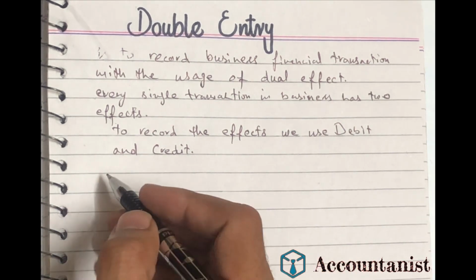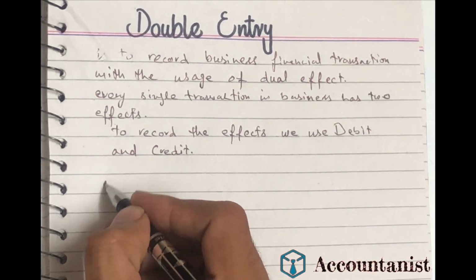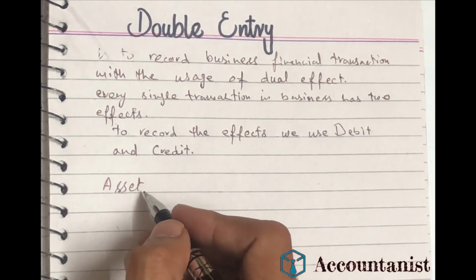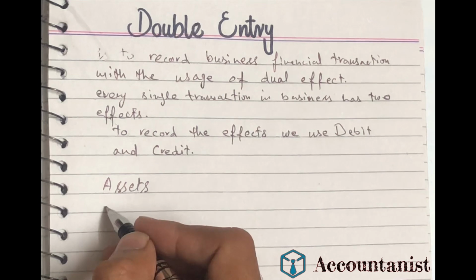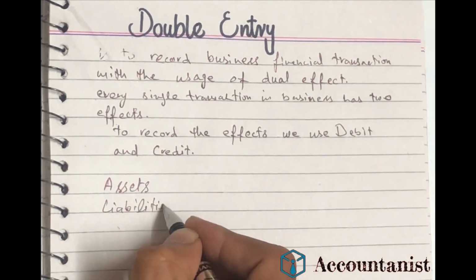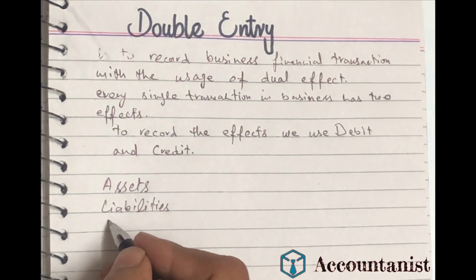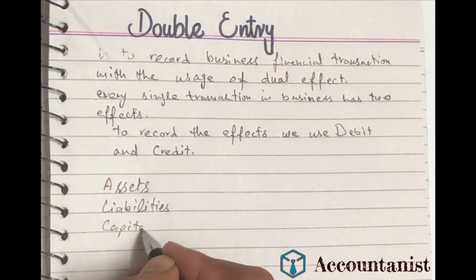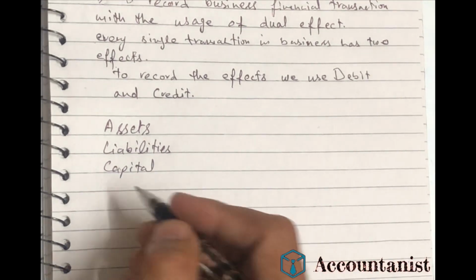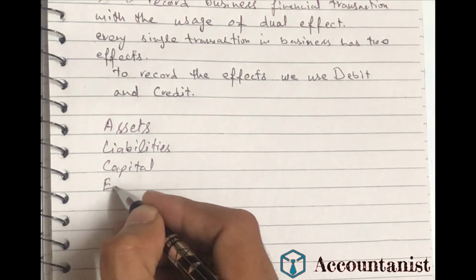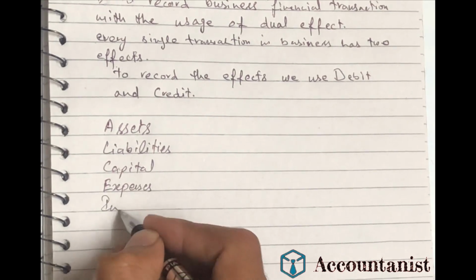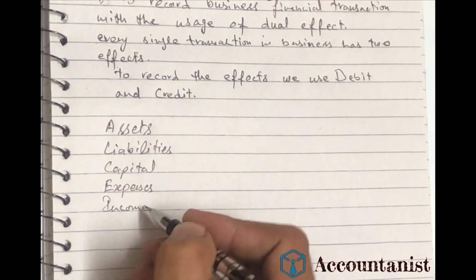For that, I would revise again the elements that we have in accounting. The number one are assets, the second one is liabilities, third one is capital, the fourth one is expenses, and the last one is income.